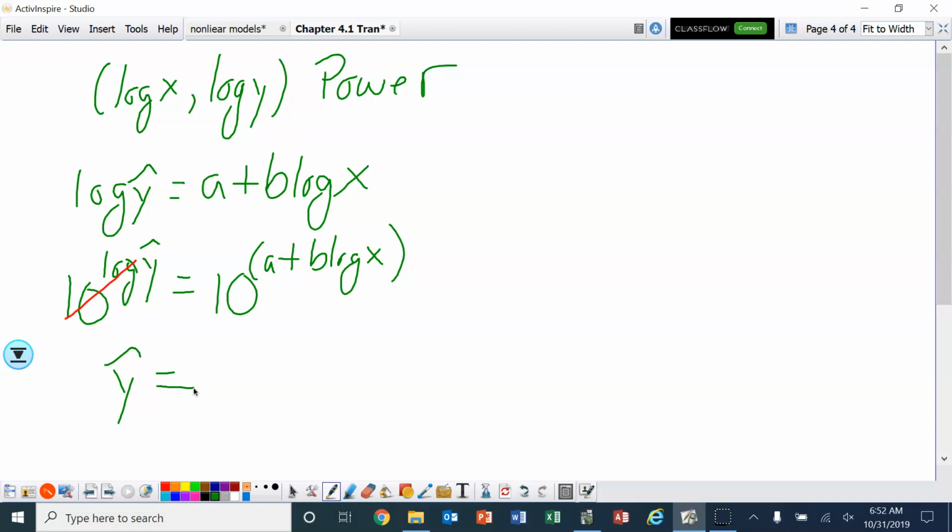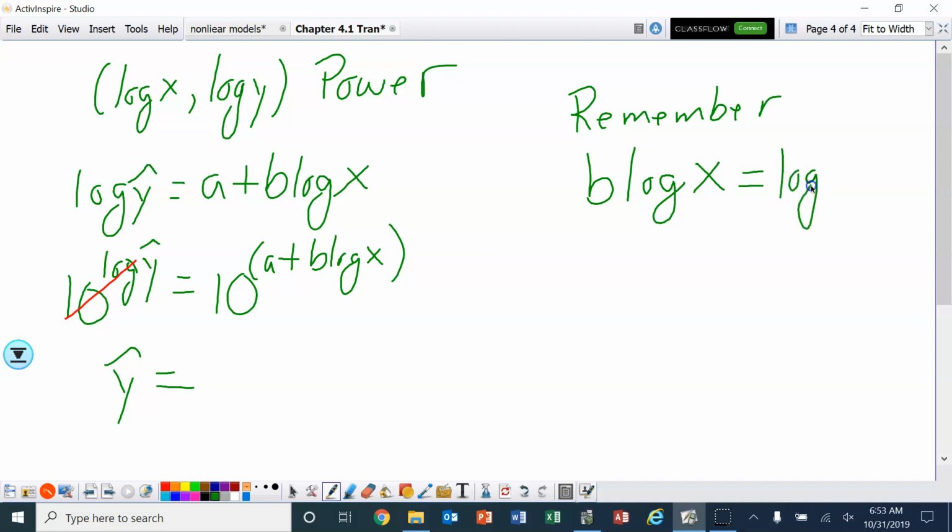First of all, we need to remember that when there's something in front of the word log, it doesn't stay there. Whatever's in front of the word log becomes the exponent. So that becomes log x to the b power.